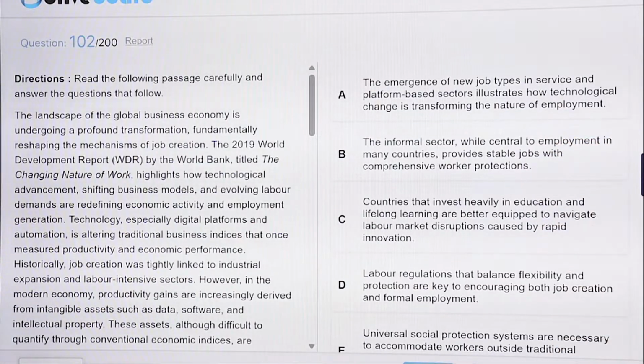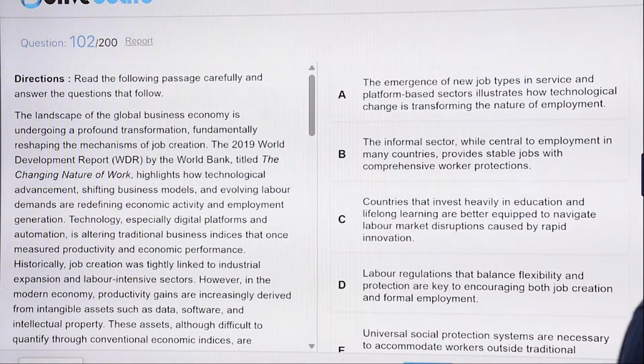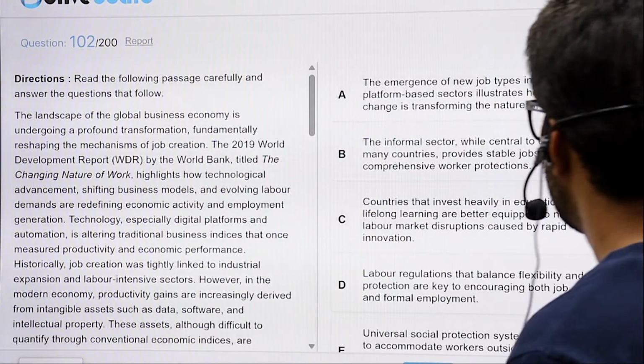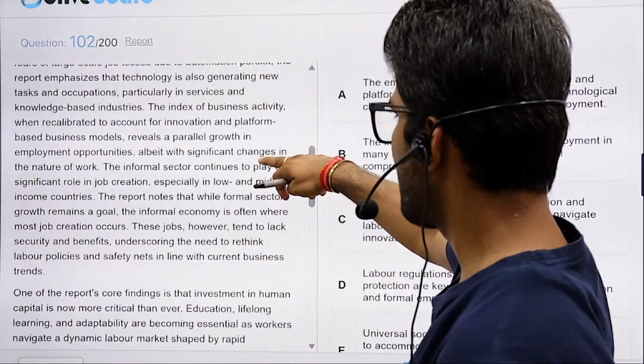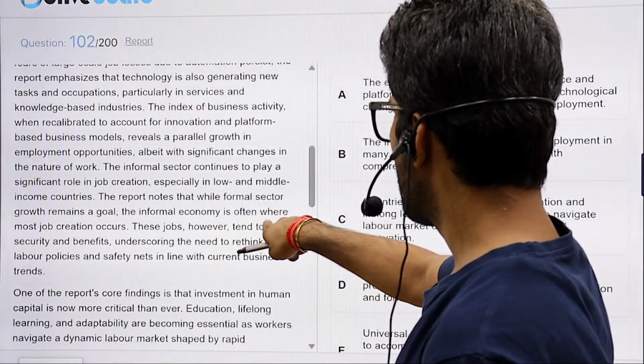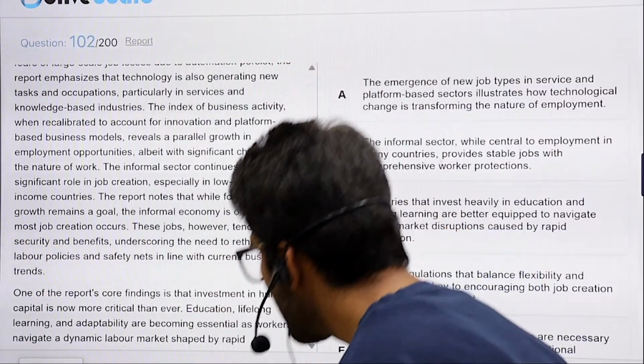The emergence of new job types in service and platform based sectors defines how technological change is transforming the nature of employment. Of course. The informal sector, while central to employment, provides stable jobs. No, it lacks security and such. The informal economy is often where most job creation occurs. These jobs, however, tend to lack security and benefits.